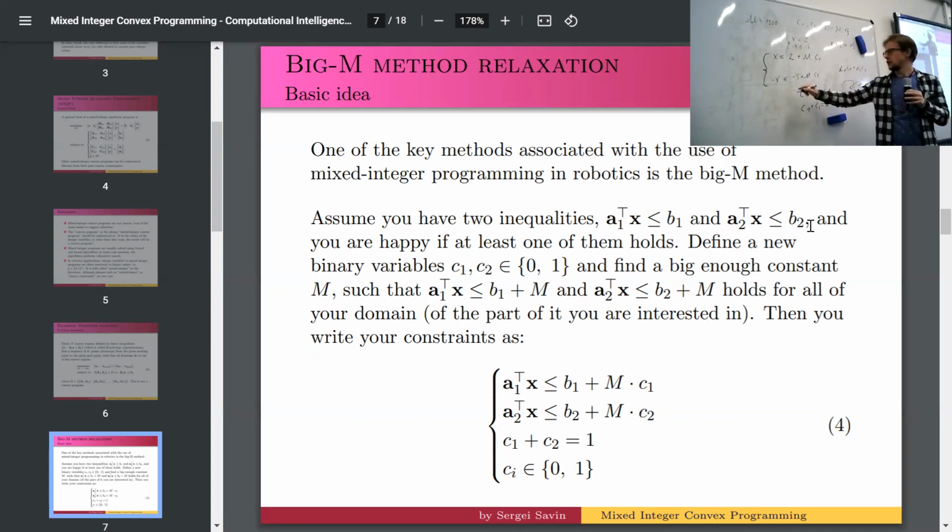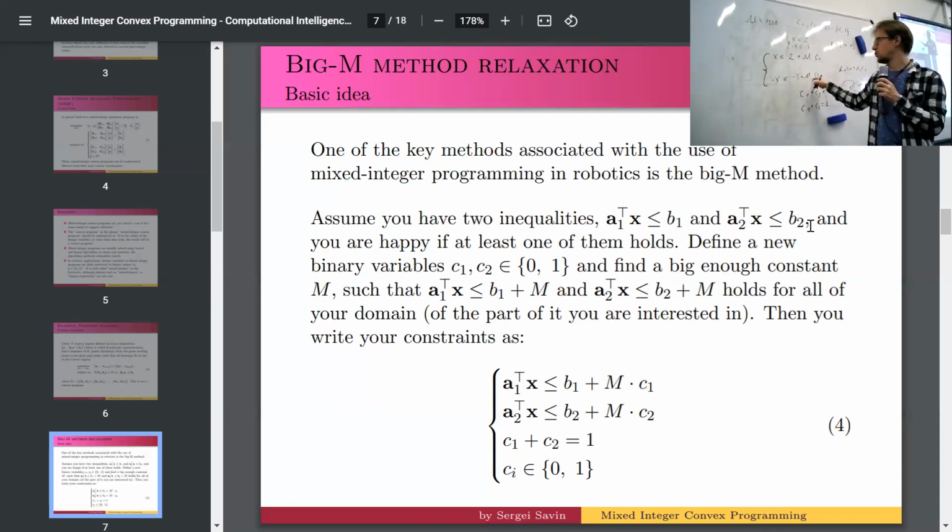So, okay. When the big M in this case, that is a good question. Big M in this case is serving the role of making sure this constraint always holds when C2 is equal to 1.